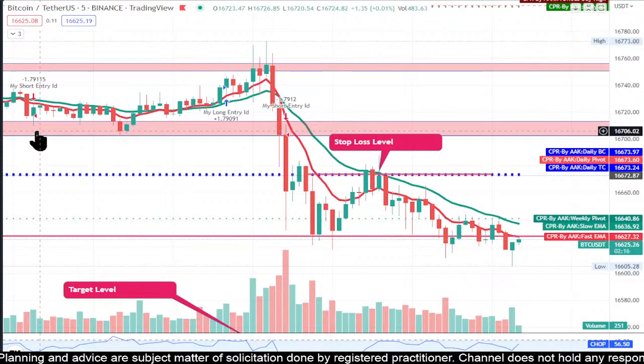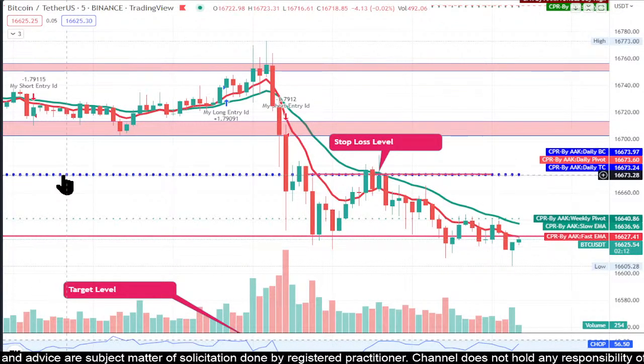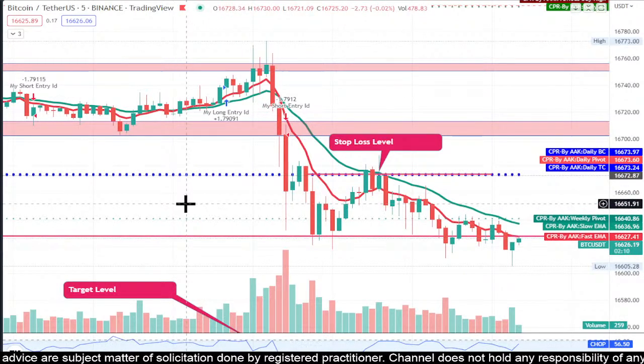My idea of trading is very simple. I always set the minimum percentage of profit which I am looking for in a day.